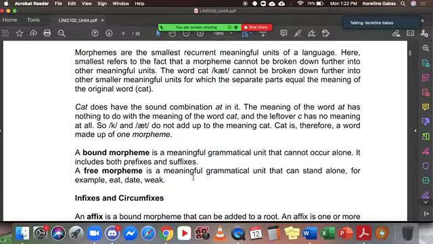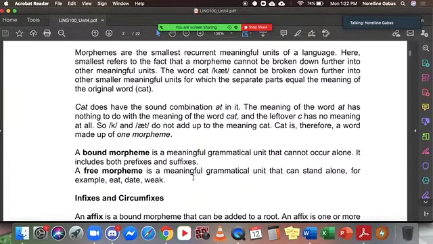Next, more definitions. Morphemes are the smallest recurrent meaningful units of a language. Here, smallest refers to the fact that a morpheme cannot be broken down further into other meaningful units. Say for example, yung salitang cat, you cannot break it down further.